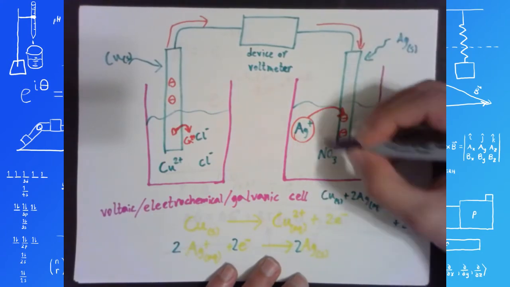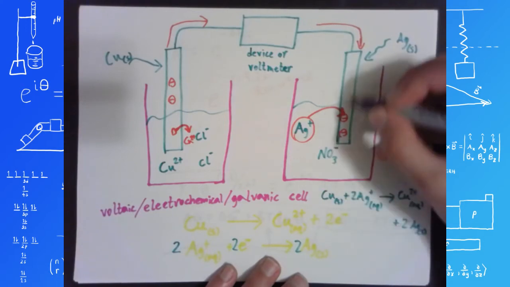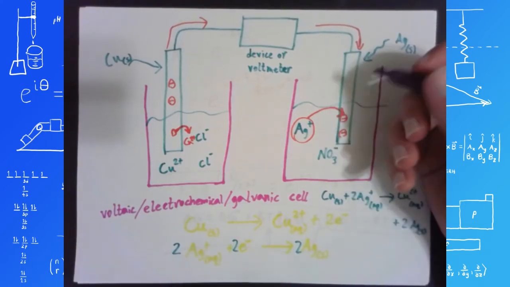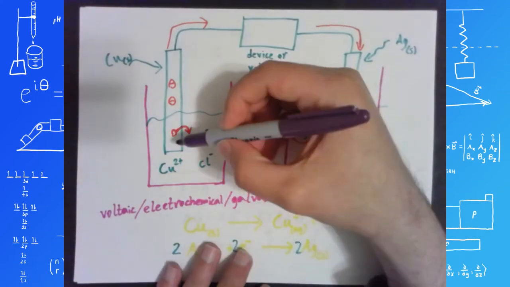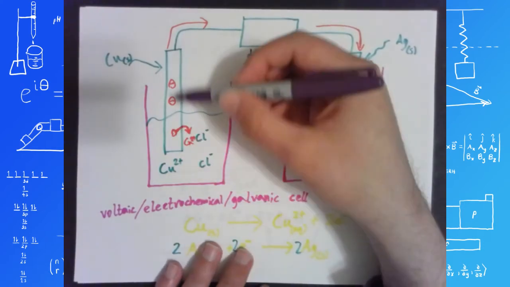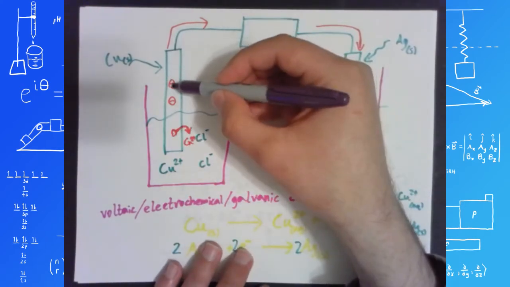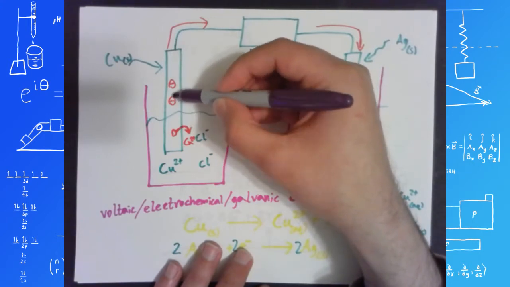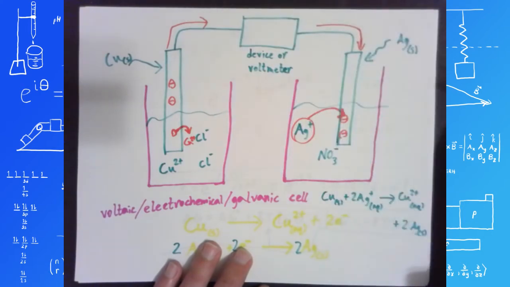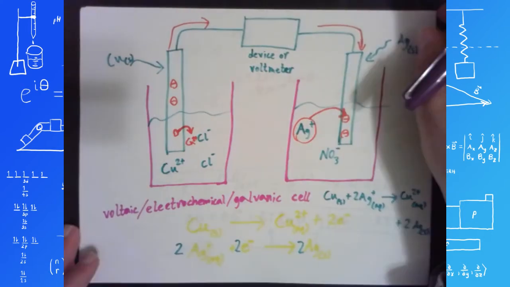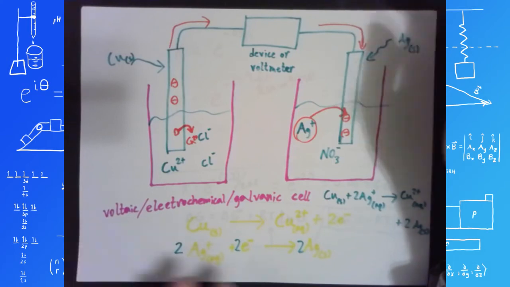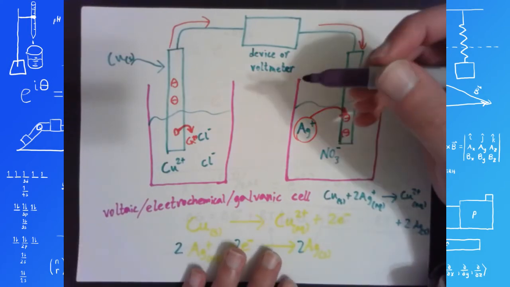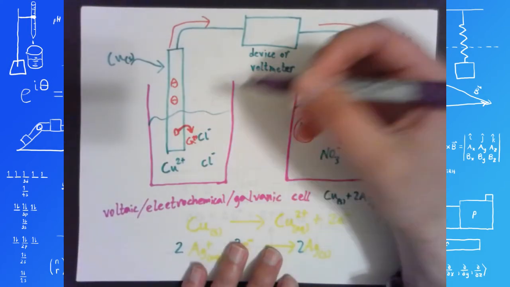And if this solution becomes too positive, then it'll start pulling down the electrons that are generated in your copper metal bar that are trying to climb up. So you need to keep the solutions neutral. You can't let the solutions get charged. You have to keep the charge balanced.